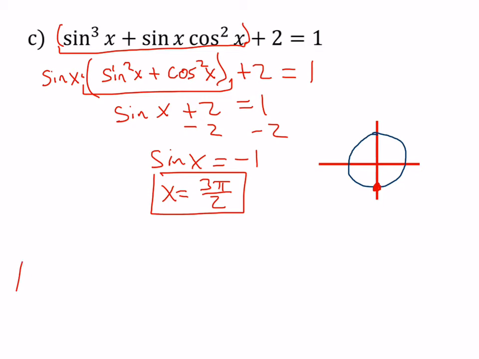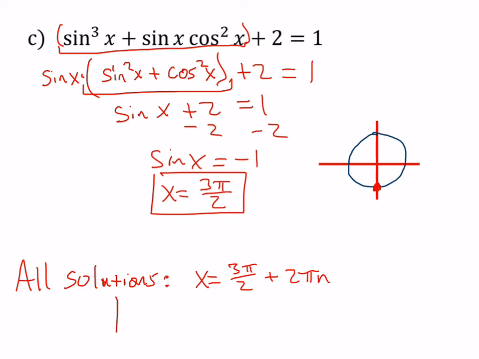If we wanted all possible solutions, little side note here, we know that there's lots of angles that have a sine of negative 1, and then we could say that x is 3 pi over 2 plus 2 pi n. So if we kept going around the unit circle, we'd get another one.